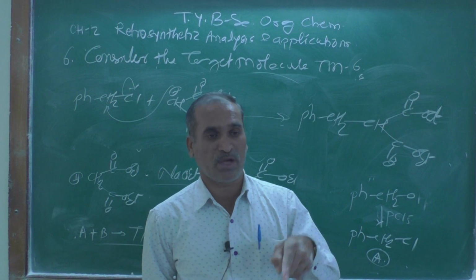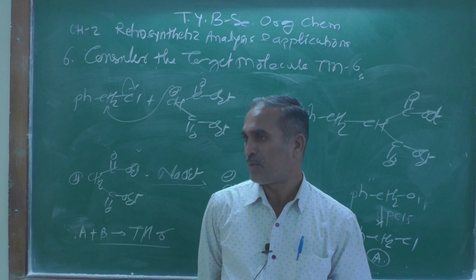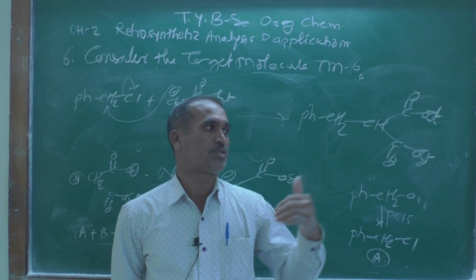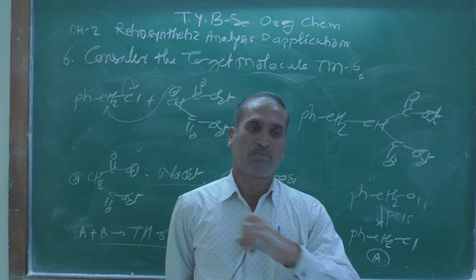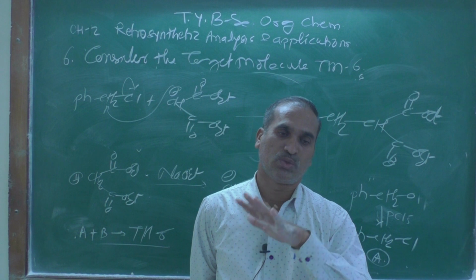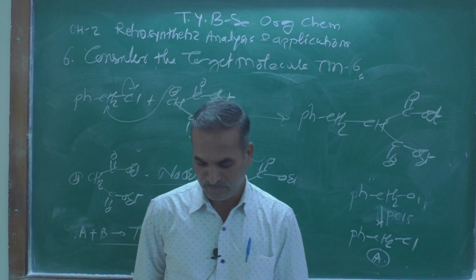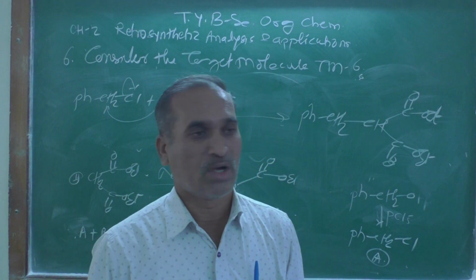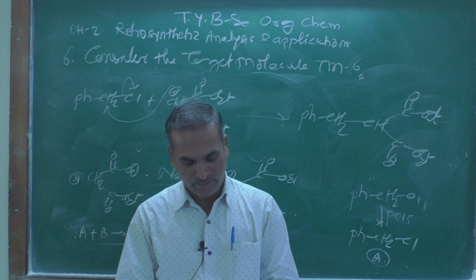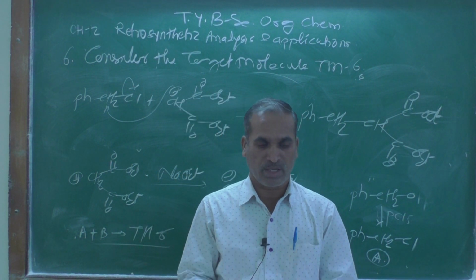Benzyl alcohol can be obtained from formaldehyde and the Grignard's reagent. Grignard's reagent can be obtained from bromobenzene or chlorobenzene. So B route is a better way of synthesizing that target molecule.